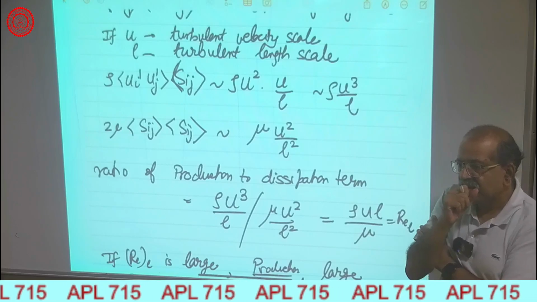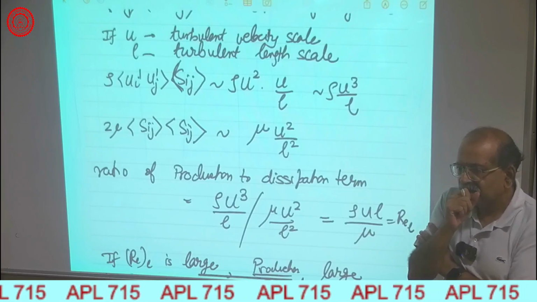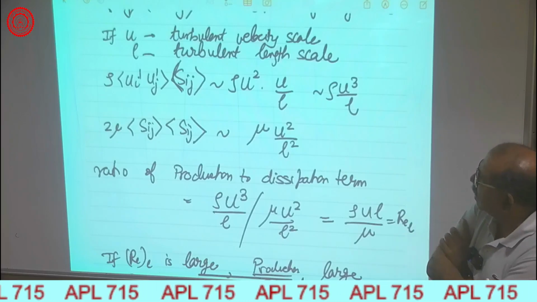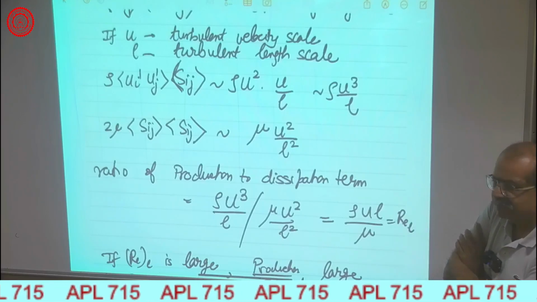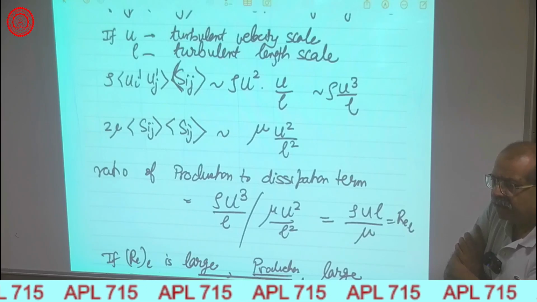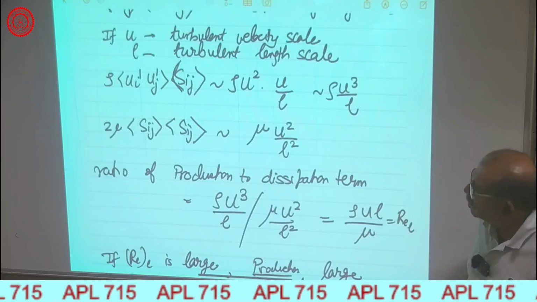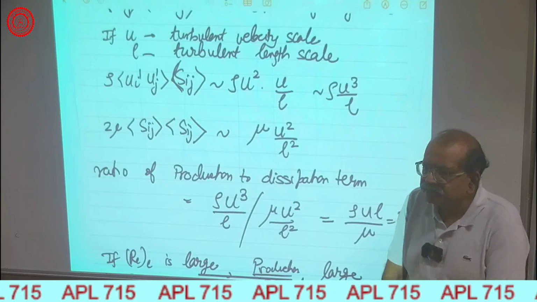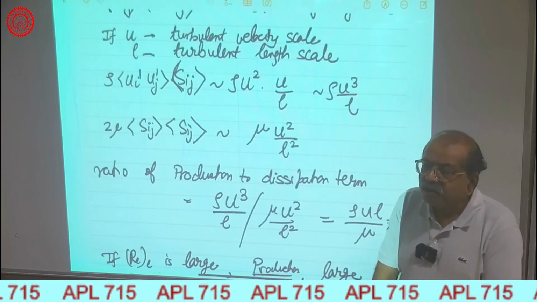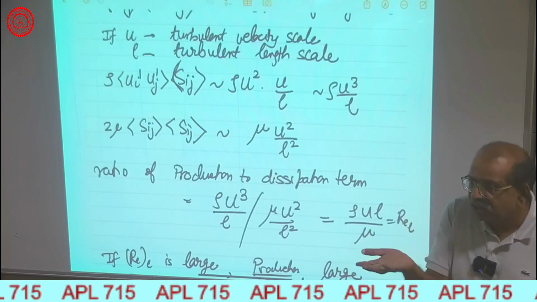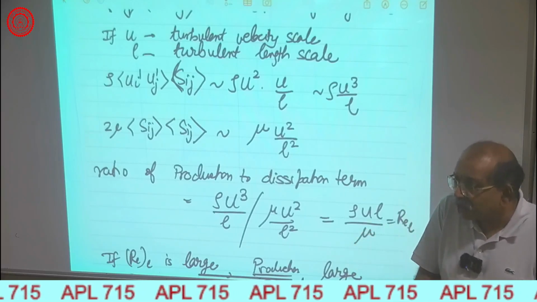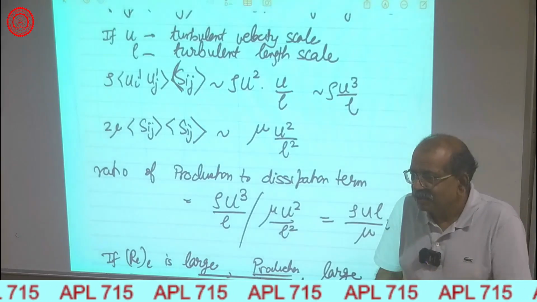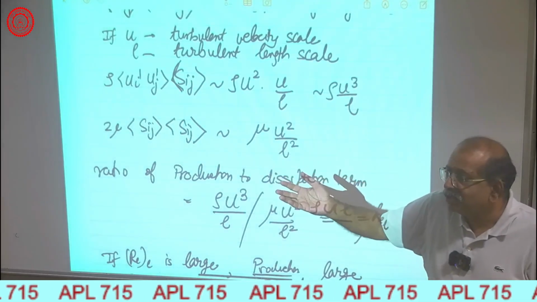What scale is being considered, that is compared. If I'm talking about integral scale, in that case, the scale of ui prime, uj prime won't be the same as the scale of the velocity. But for turbulence to be sustainable, the turbulent velocity scales are of the same order as the mean scales.